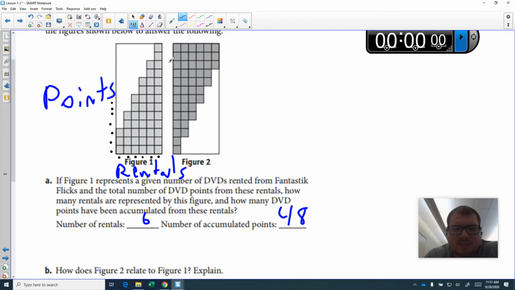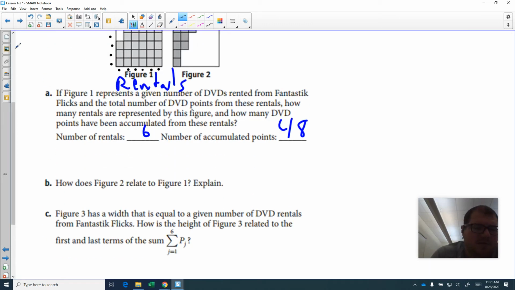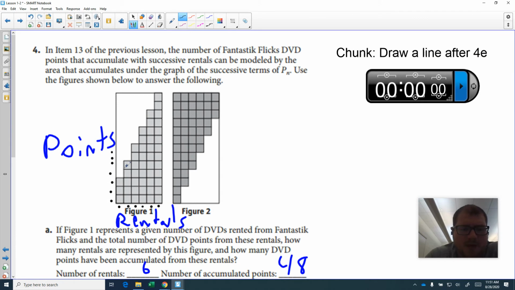The actual box itself is a rectangle, right? So if I think about the actual box itself, we have a rectangle. Okay?